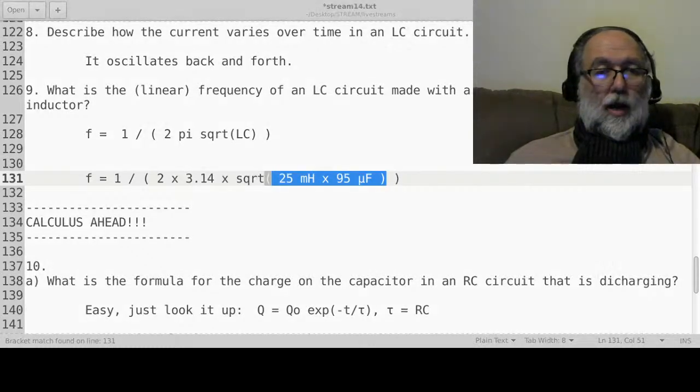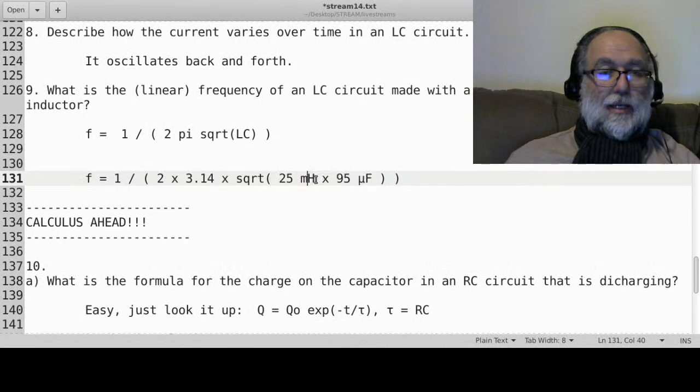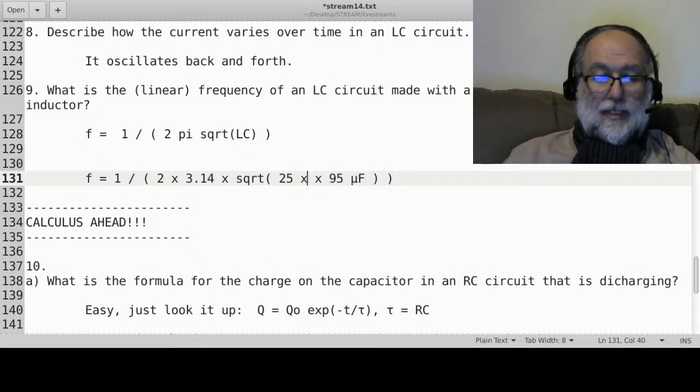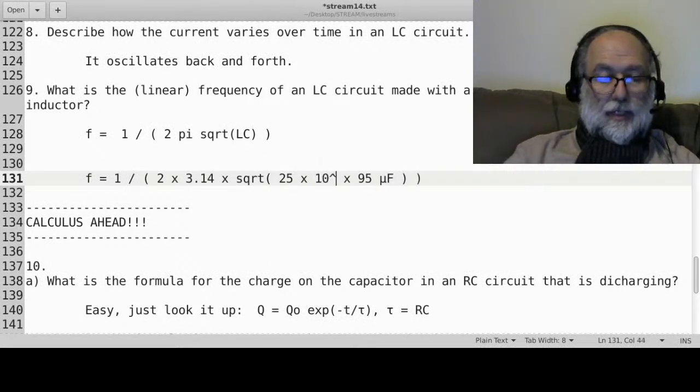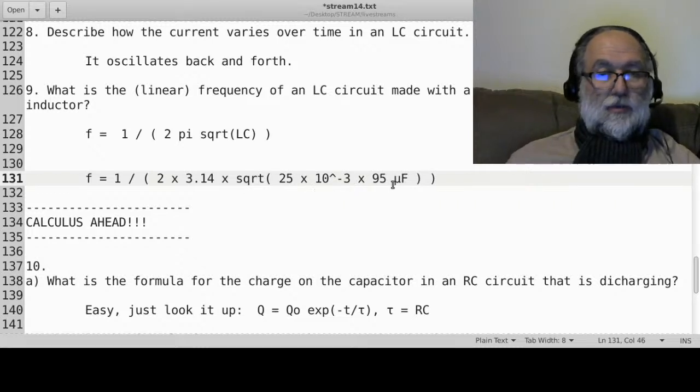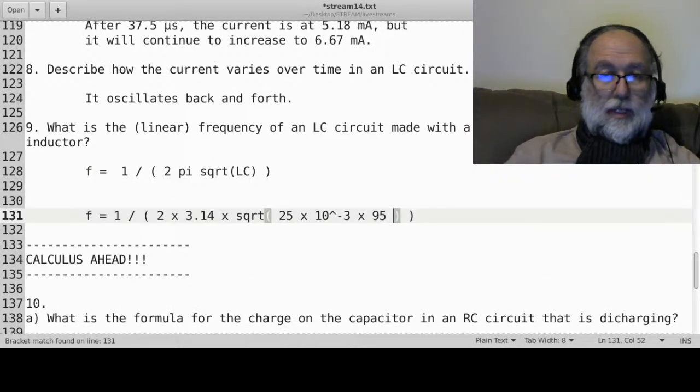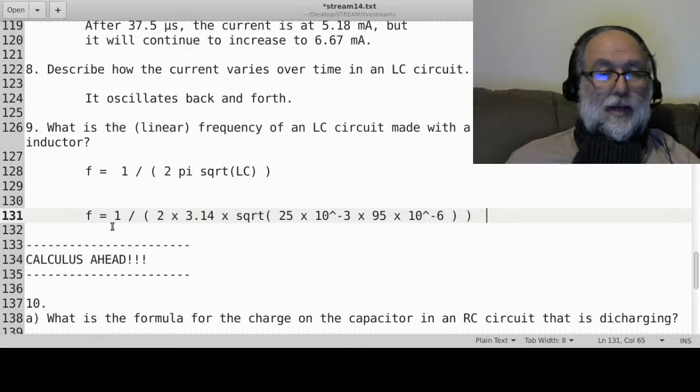All right. So let's do that. Milli, the millihenry is 25 times 10 to the negative 3. Milli is 10 to the minus 3. The micro is 10 to the minus 6. Okay, so over here, we'll take that out. It's 10 to the negative 6. Okay, and there you go. This is now in MKS.